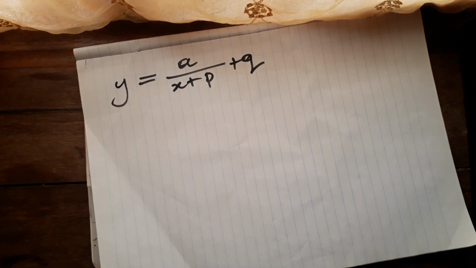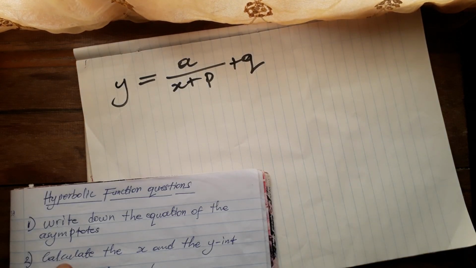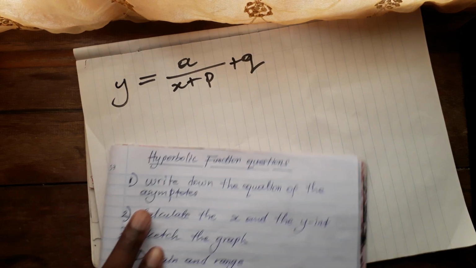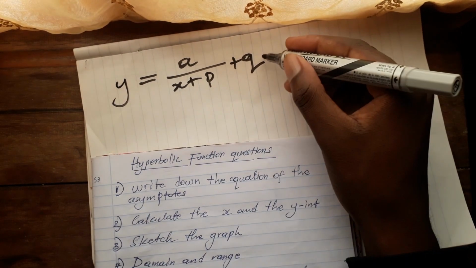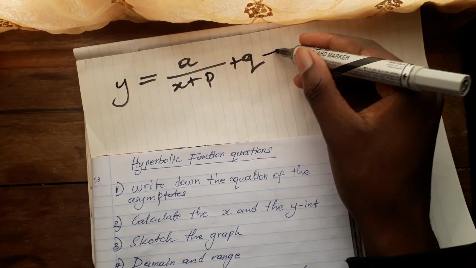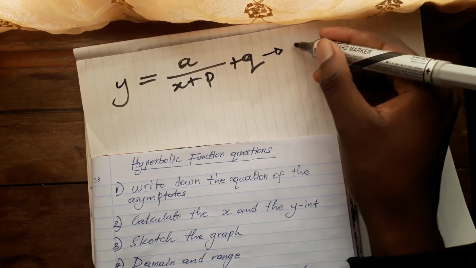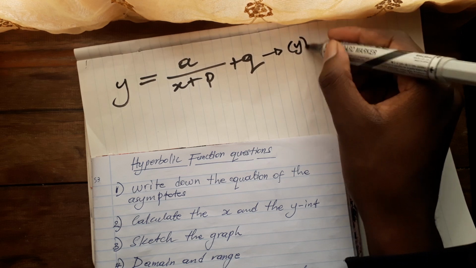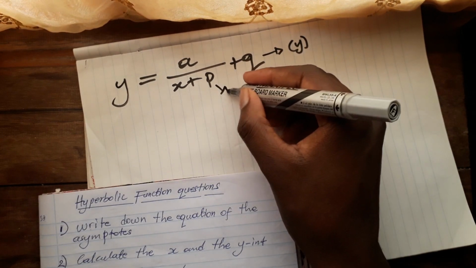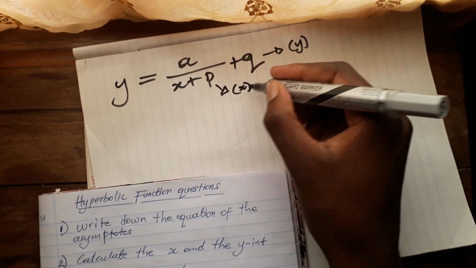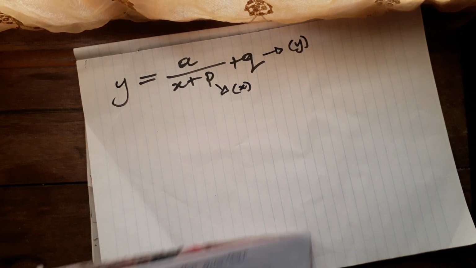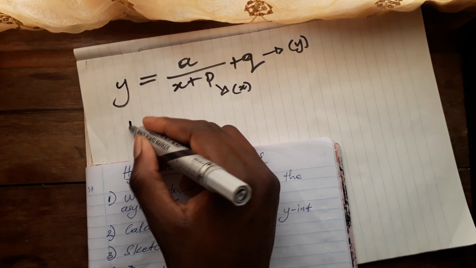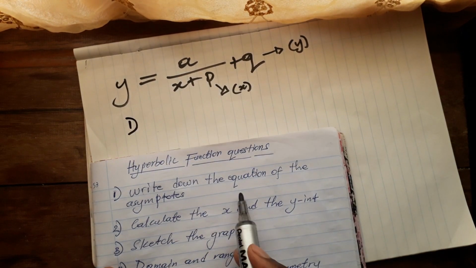And the first question, let's say: write down the equations of the asymptotes. This one, we said, is the vertical, and this is the horizontal asymptote, which represents y, and this one represents x. So we are going to answer the first question. Write down the equations of the asymptotes.